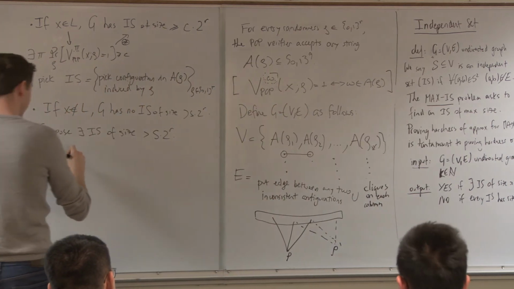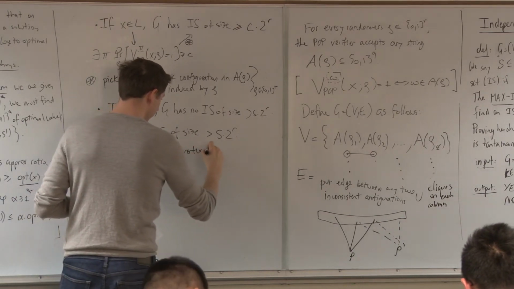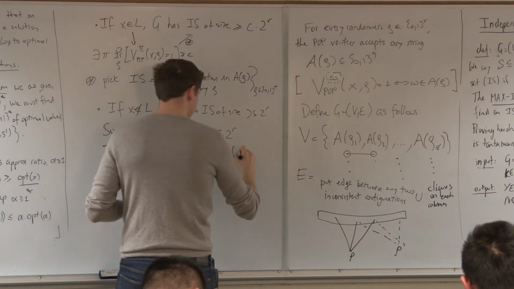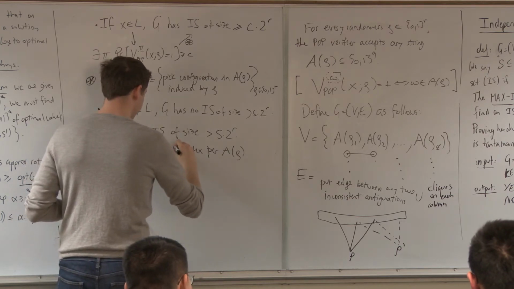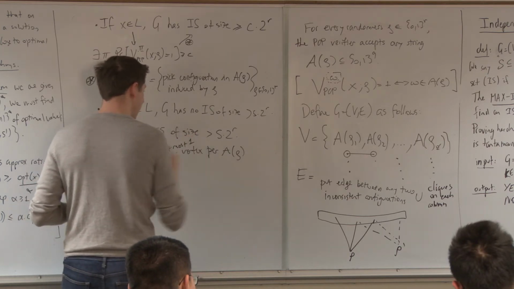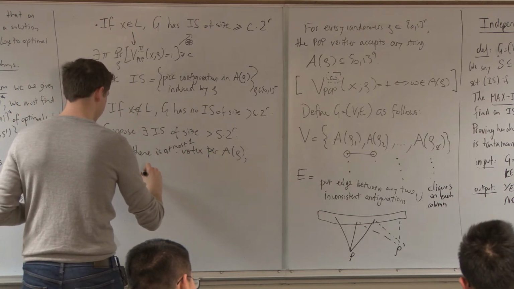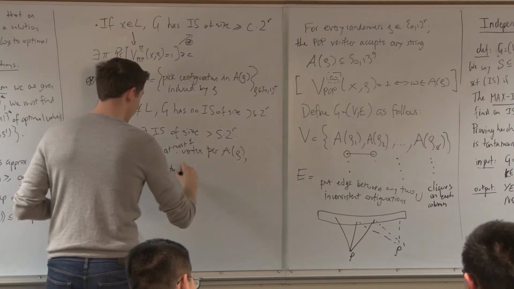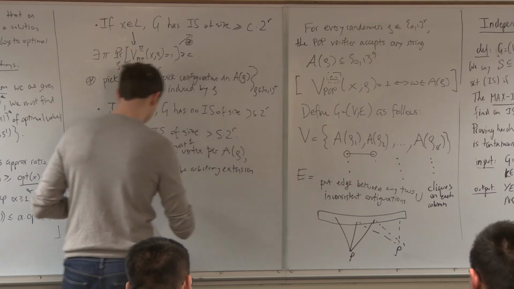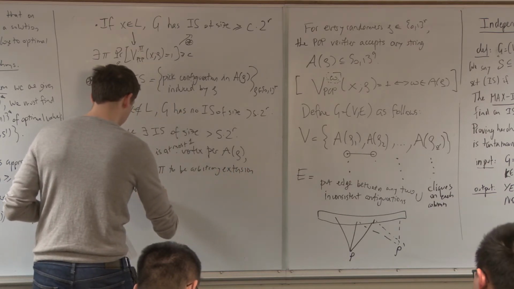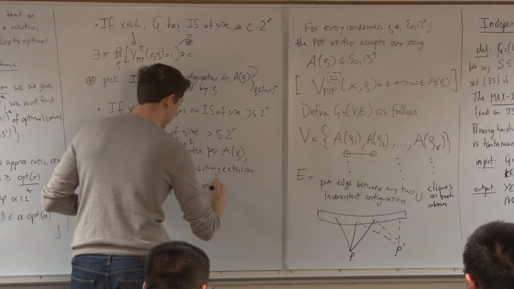All right, so there is at most one vertex per column. And I can set pi to be an arbitrary extension of the union of configurations in the independent set.